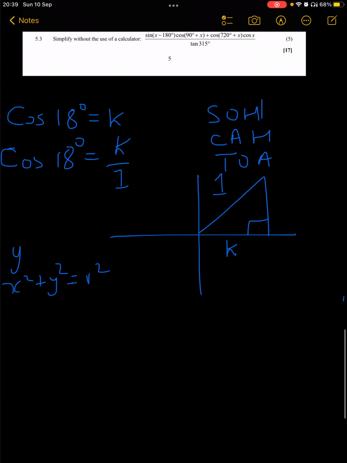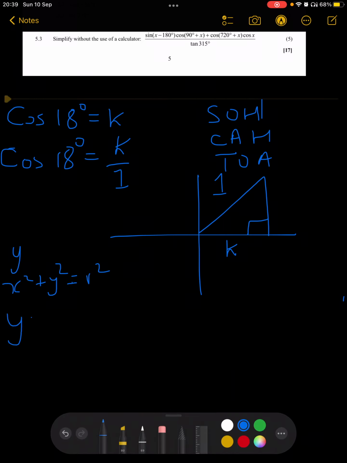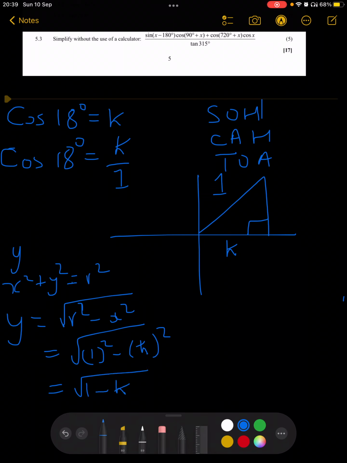To get y, we say the square root of r squared minus x squared, which is equal to the square root of, what is our r? 1 squared minus k squared, which equals the square root of 1 minus k squared. Okay, that's where you get your first marks.